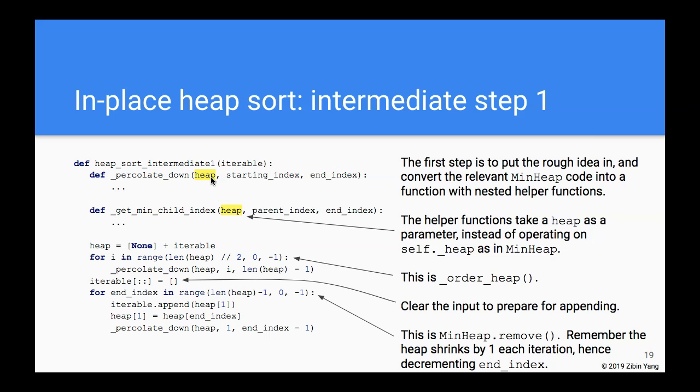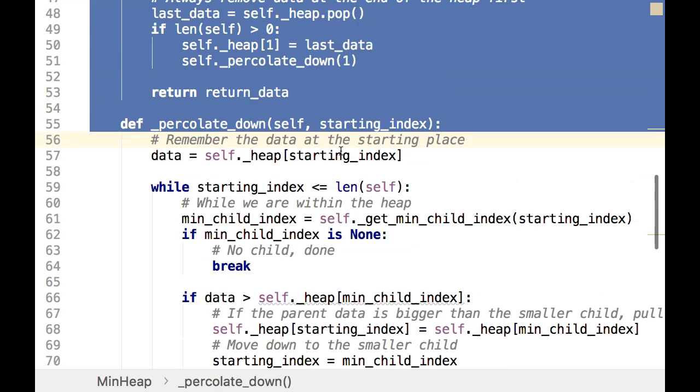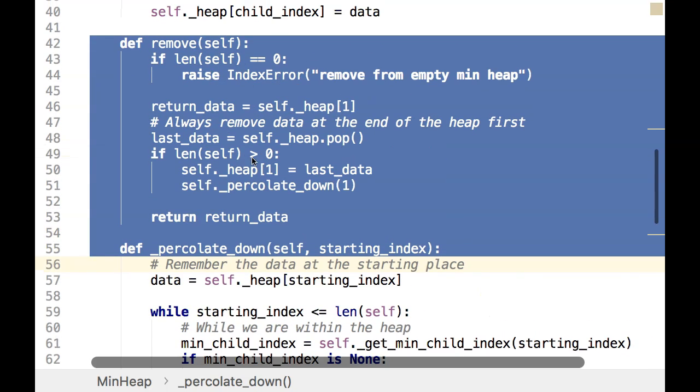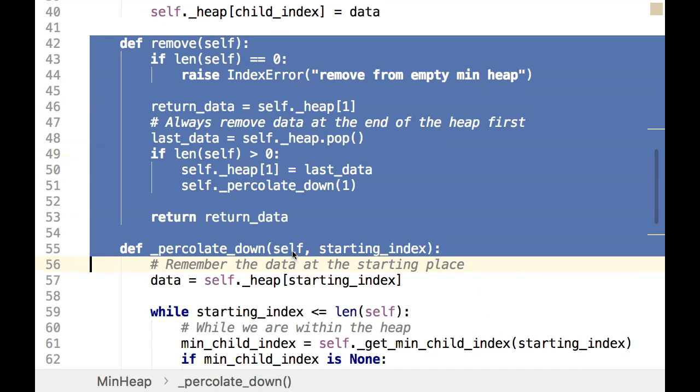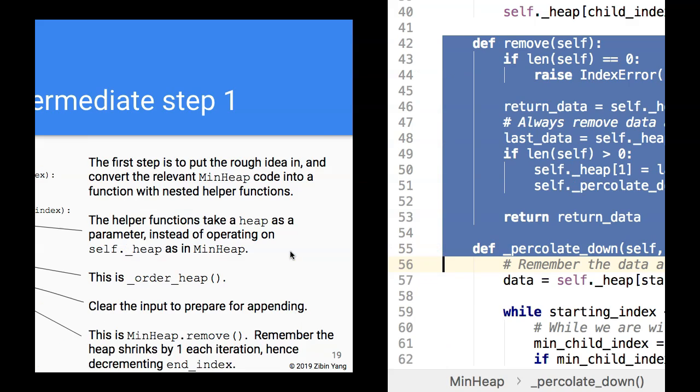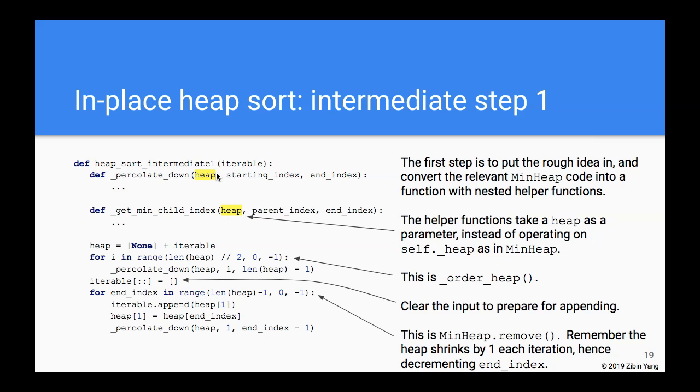Now, these two methods used to use the self parameter because they were part of the min heap class, but now we work with the heap directly. So instead of self, we use heap. And then if you look at the main body of the heap sort, we still put a None in front of the iterable. This is basically what order heap does.